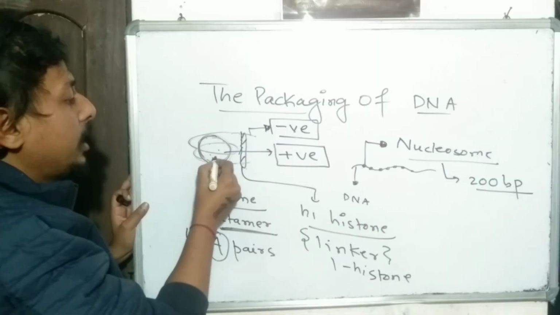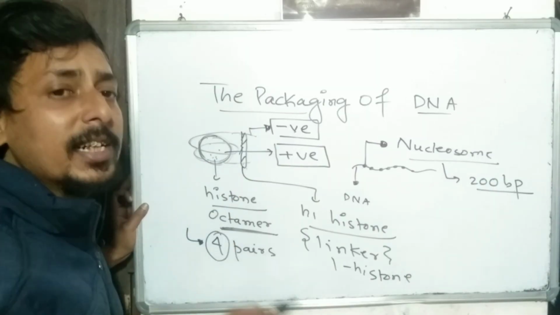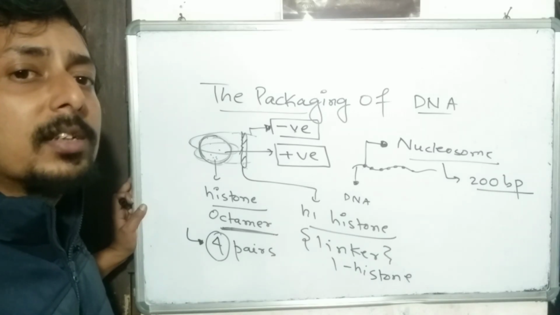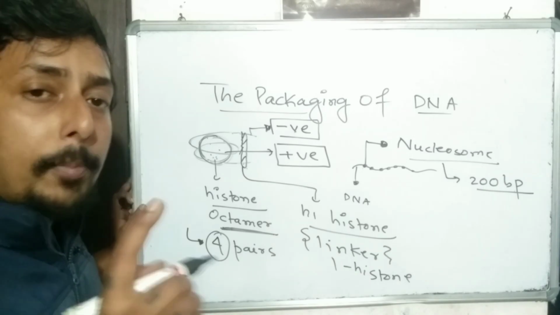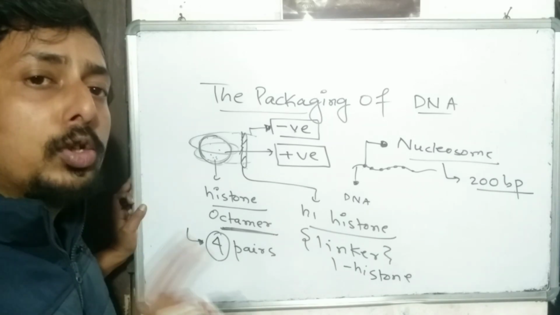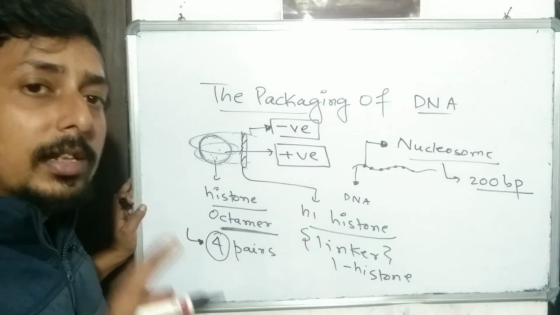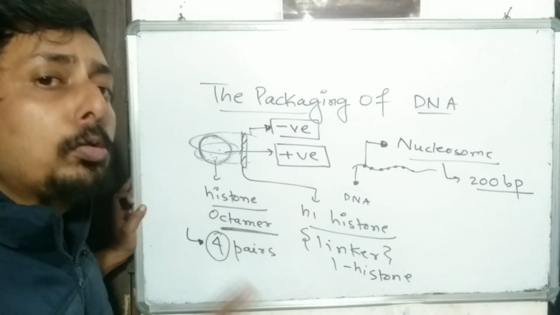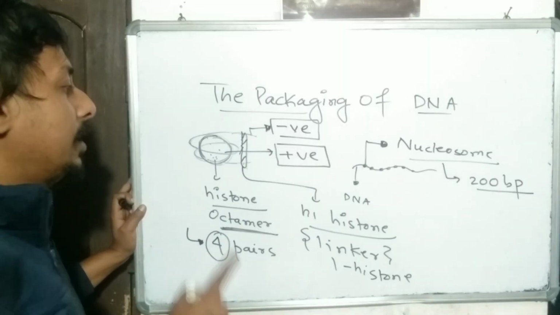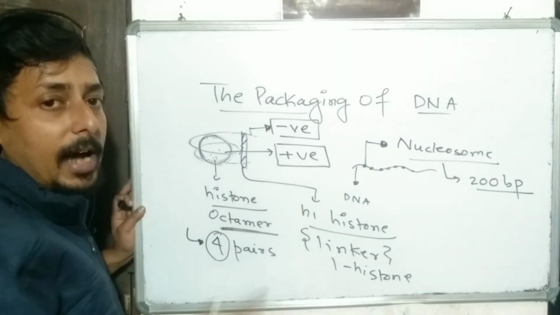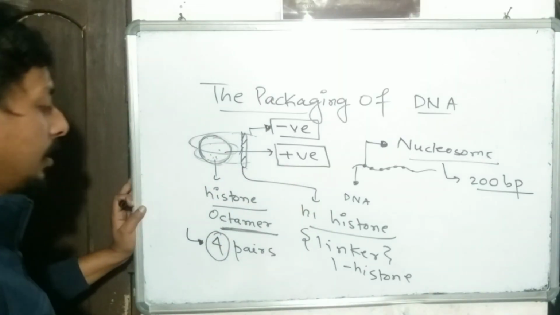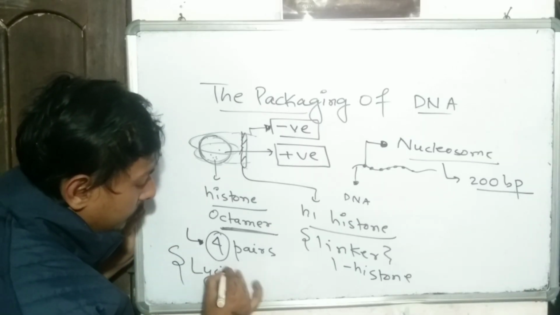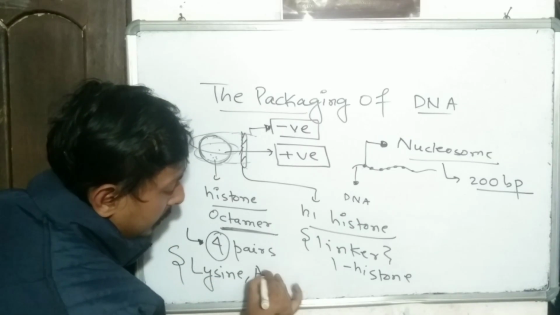Because the histone is positively charged, a question came in NEET this year: why is the histone octamer positively charged? You have to answer that in the histone octamer protein, basic amino acids are present. Due to these basic amino acids, the histone octamer is positively charged. The names of these basic amino acids are lysine and arginine.